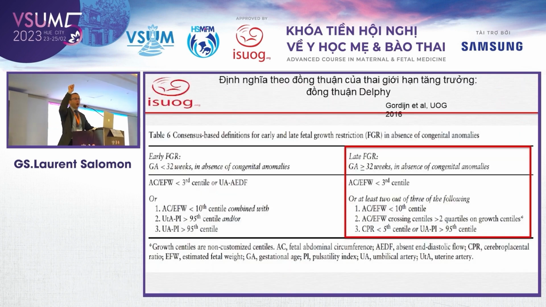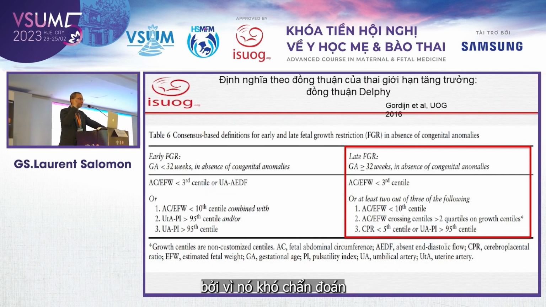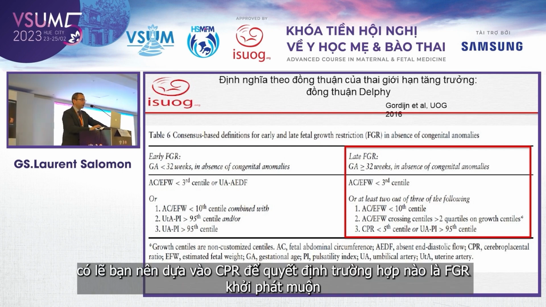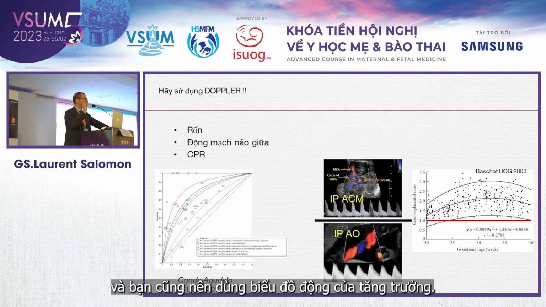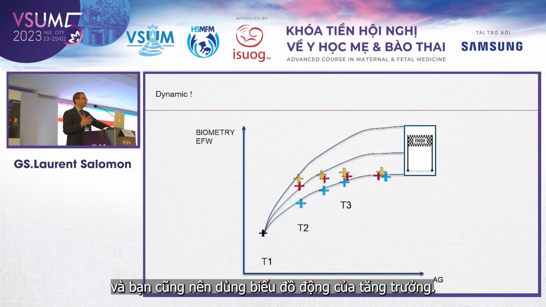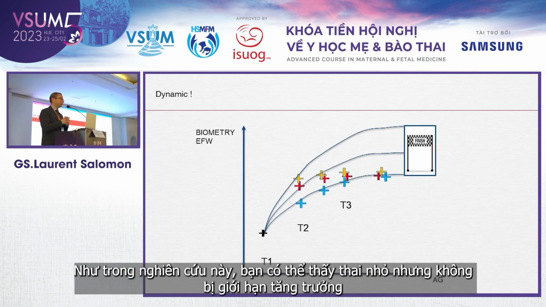For late FGR, it's a little bit more complicated because we've said that it's difficult to diagnose late FGR. Probably you should rely on cerebral-placental ratio to decide who are the truly growth-restricted babies late in gestation, and you should also try to rely on dynamic of fetal growth, just as shown on this study. You can see that this baby is small, but he has no growth restriction.